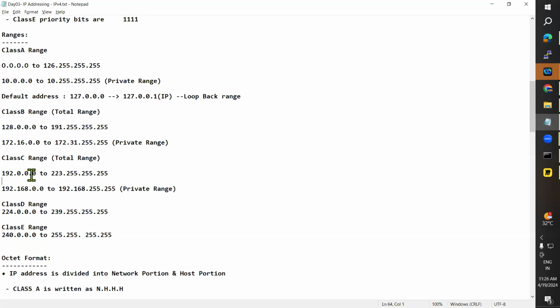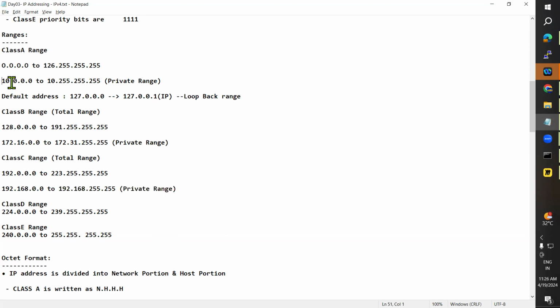So from 193 onwards, it is public IP addresses. The first one is private, and after 192, 193 is public. So this is the total range and this is the private range. Except this range, all the rest are public IP addresses.